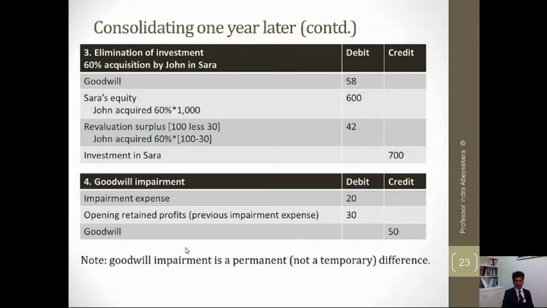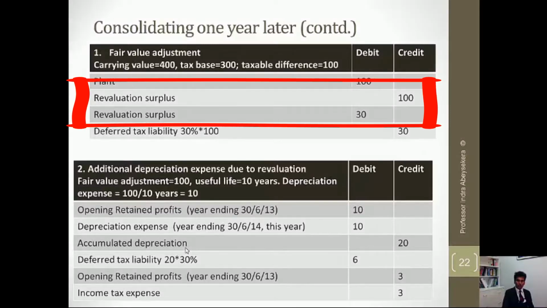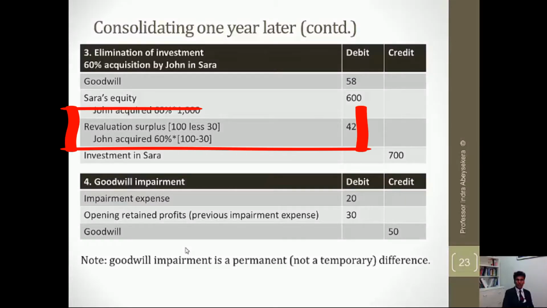The revaluation surplus for Sarah's company is 100 minus 30, which is 70. Group did it, but for Sarah's company. So that revaluation surplus is in Sarah's company, and John acquired 60% of that 70. So we are now eliminating that, reversing that. And that is 42.